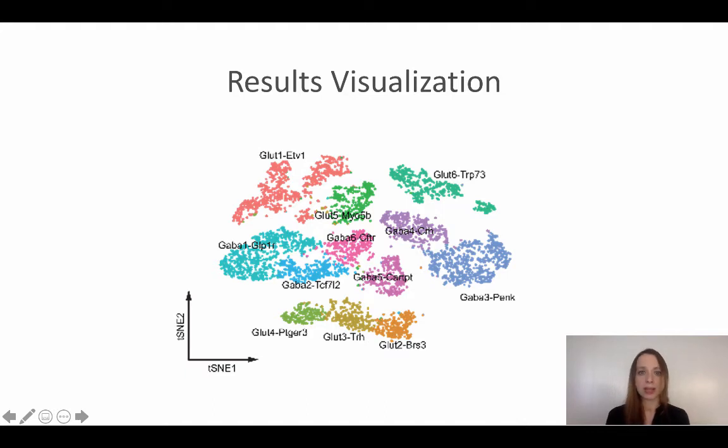So cells that are transcriptionally similar cluster together and cell types that are dissimilar cluster further apart. And we color code the identity of cell types based on the results of the shared nearest neighbor algorithm, where each dot is a cell.